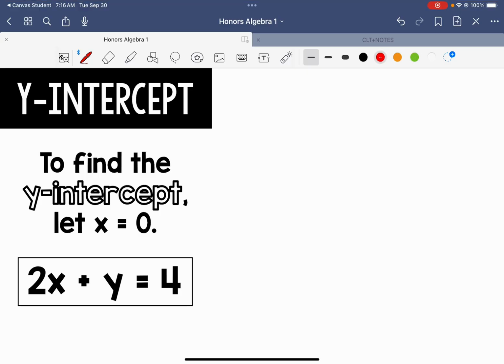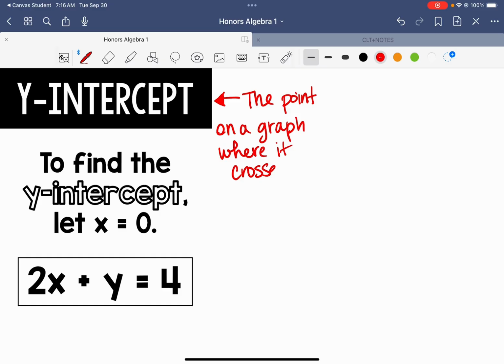An intercept is the point, specifically the y-intercept is the point on a graph where it crosses the y-axis.